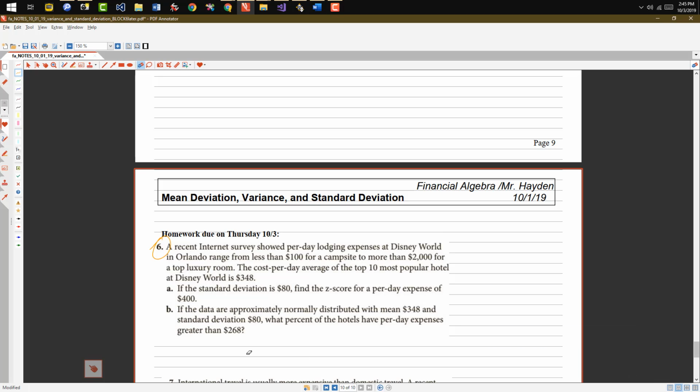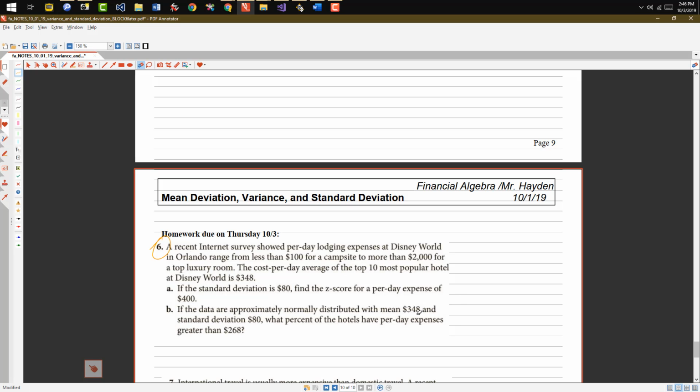All right, so to do this problem, you would need to find the percent that have per day expenses less than $268. And then, since the question is how many would have more than $268, you would just subtract the percent that's less than, which is what you find in the z table, from 100.